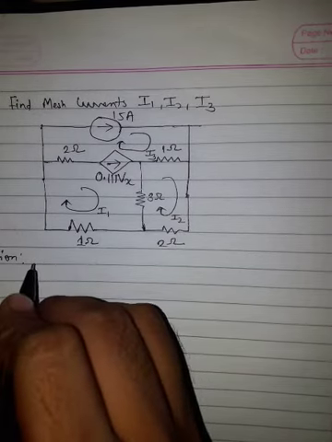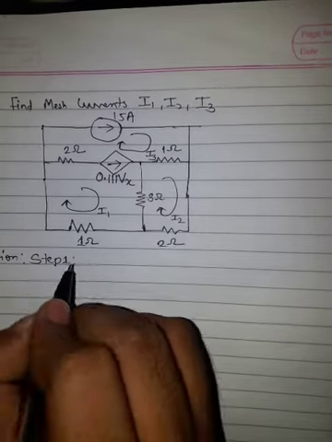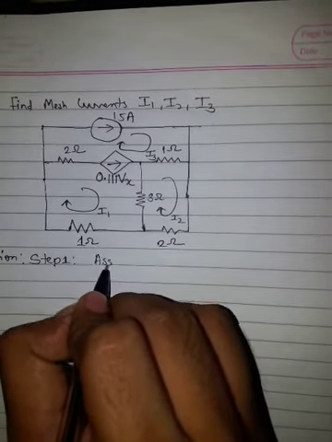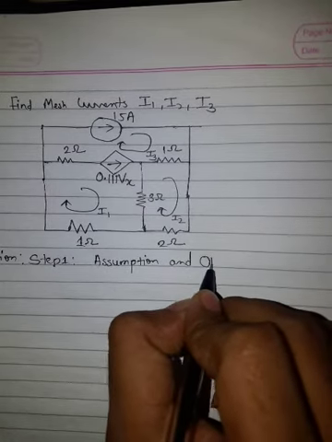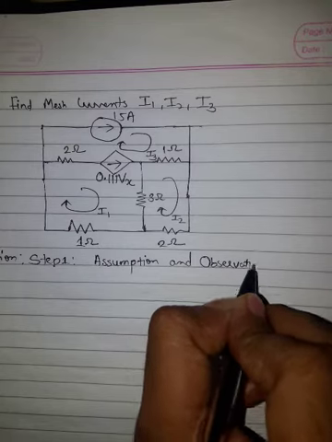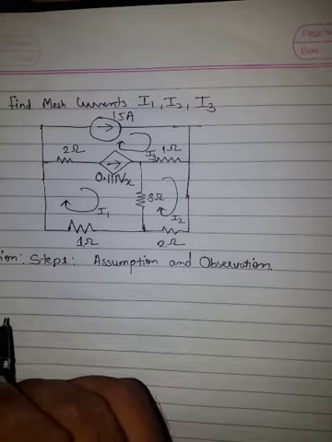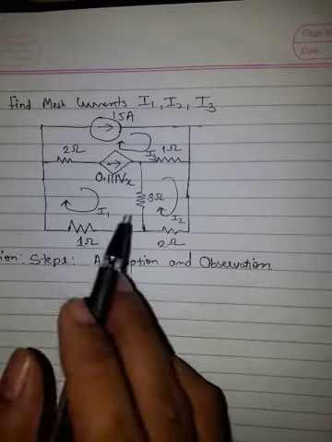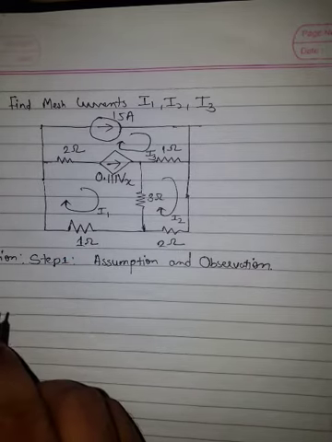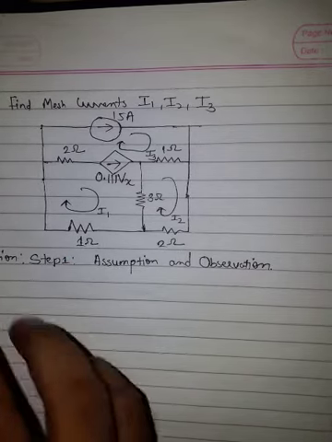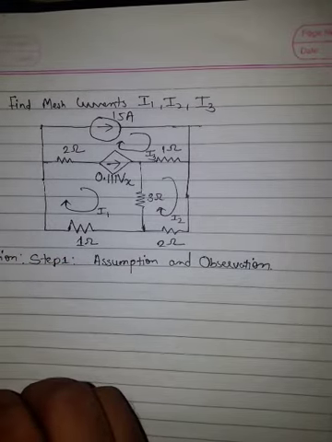So our first step is assumption and observation. As I1, I2, I3 are already given in this problem, there is no need to assume the direction of the currents flowing through the mesh.